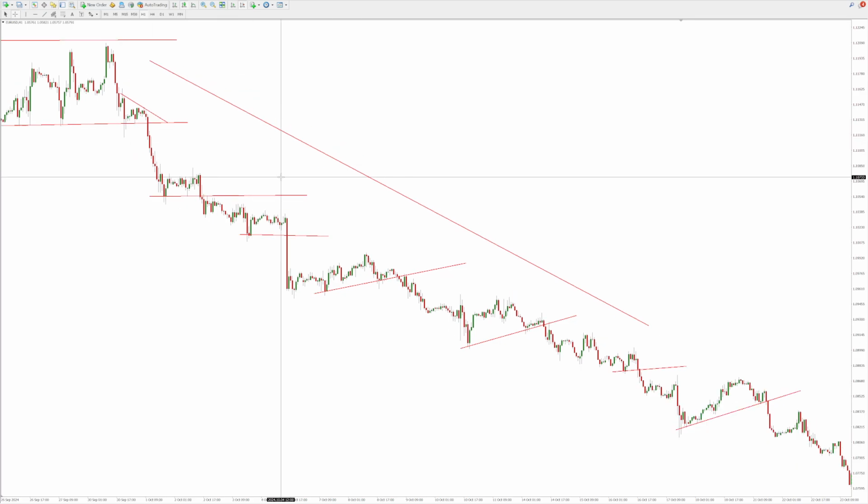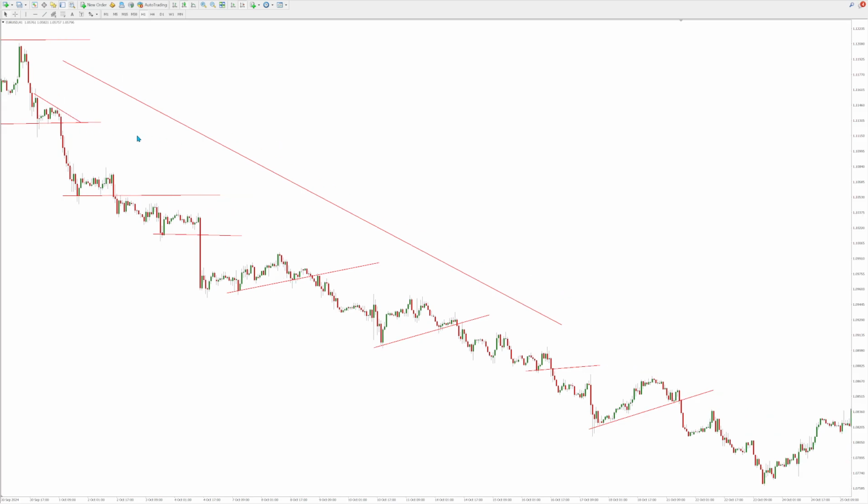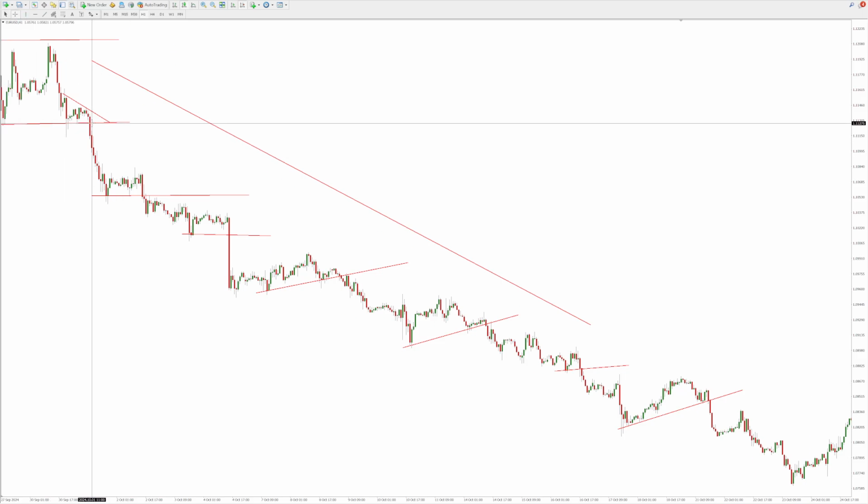Now, if we look at the other way around, and you had a 15 pip stop loss, but you wanted to target as many pips as the market would give you. Let's say before this, you've tried to enter the trend 4 times for 15 pip stop loss, and you lost every time, so you're down 60 pips.